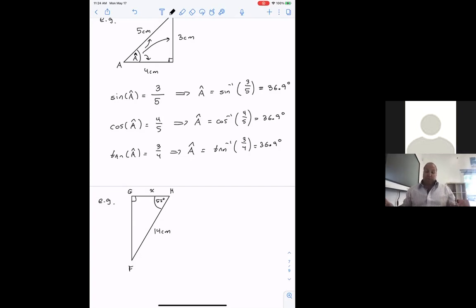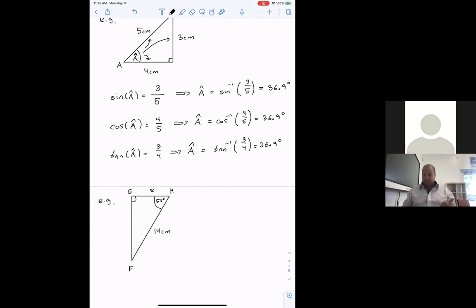Now the question is, we can't use the Pythagorean theorem because we don't have the other side. So the only other recourse is either sine, cosine, or tangent, as far as we've learned. So which one is appropriate? We have the angle 52 degrees. Which sides between opposite, adjacent, and hypotenuse are relevant to this problem? Well, the hypotenuse is 14 centimeters.